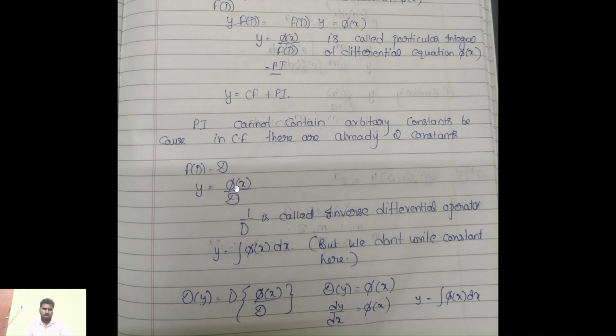So phi of x by capital D means the integral of phi of x dx, but we don't write the constant. In particular integral we never write constants. So we move on to the next.